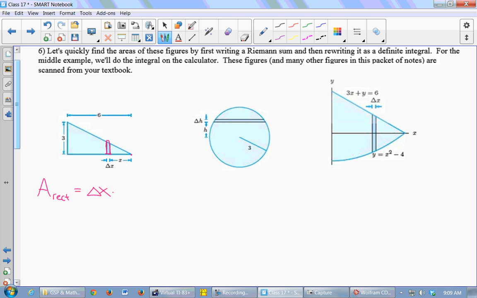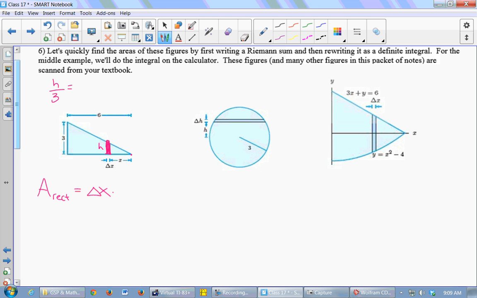And how could I figure out the height of that rectangle? Proportionality of similar triangles, yeah. So I could use the height at x, right? Using this height to get my rectangle. And I can use similar triangles. So I would say this height, we could call it h, right? For the height of my rectangle. h is to 3 as what is to what?